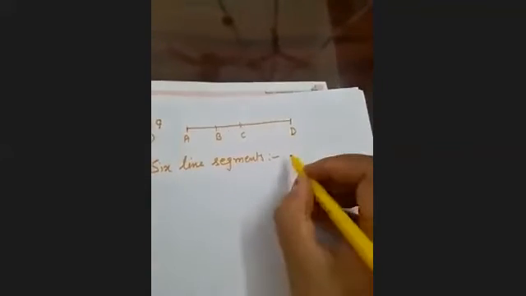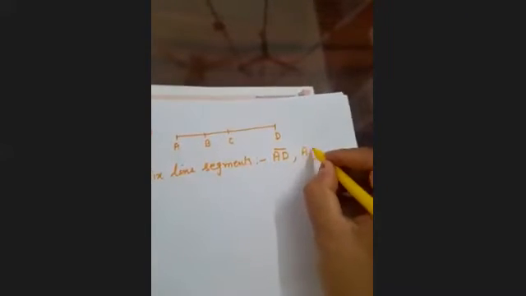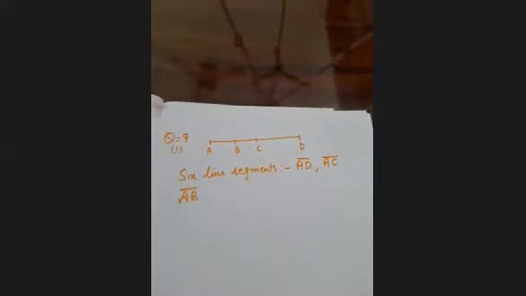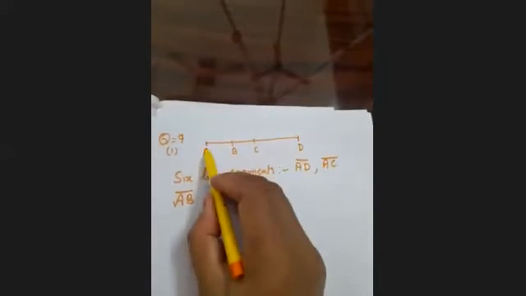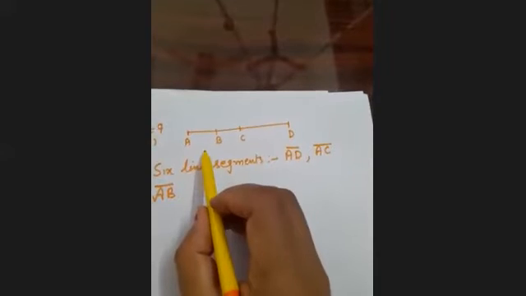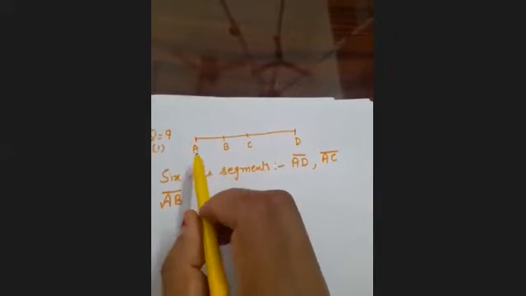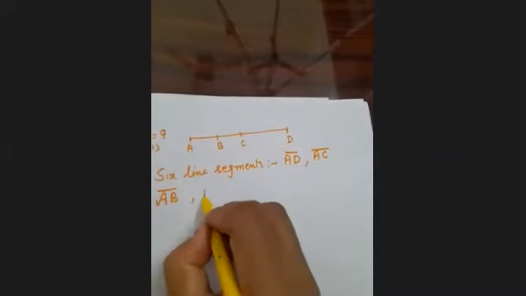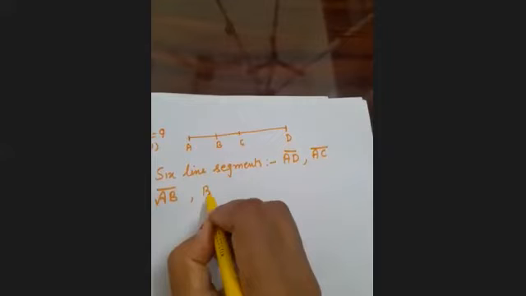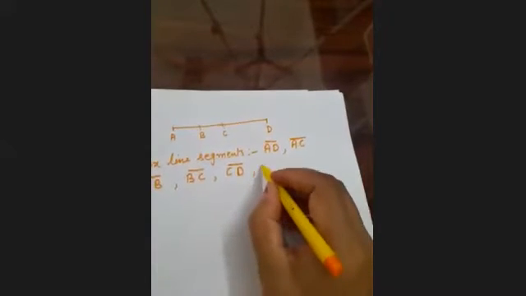Now next is name them. First line segment AD, AC, AB. Next is BC, CD, and BD.